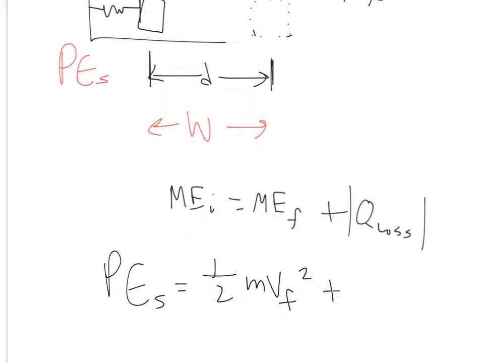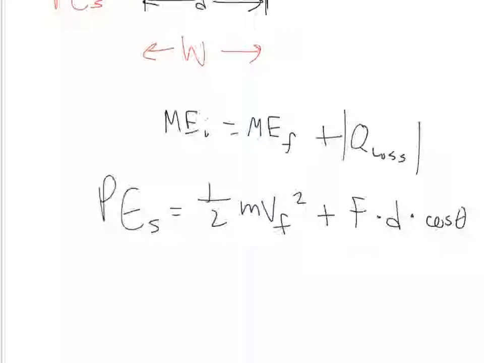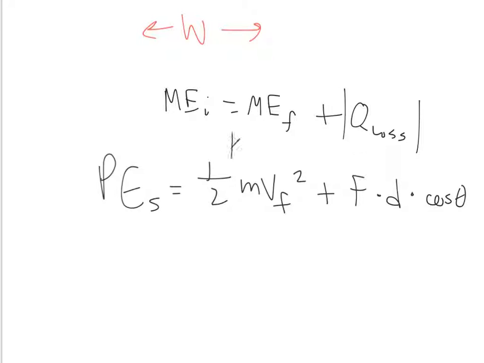But it has lost some energy due to work. Energy lost to work is F d cosine theta. So remember, Q loss in this problem is work, work done by friction. So F is really F friction, the force of friction. By the way, this is kinetic energy final, I should have put here.